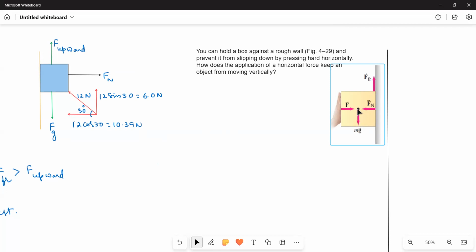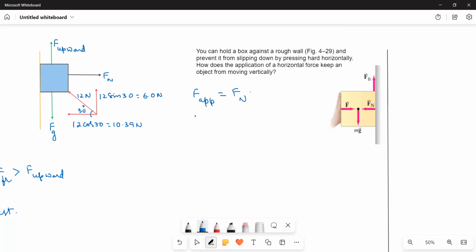The weight is acting downwards, friction is acting upwards, the applied force is along the x direction, and the normal force is in the negative x direction. The more you press against the wall, the higher the normal force. Am I right? F applied is equal to Fn.